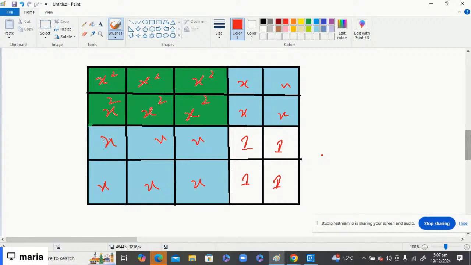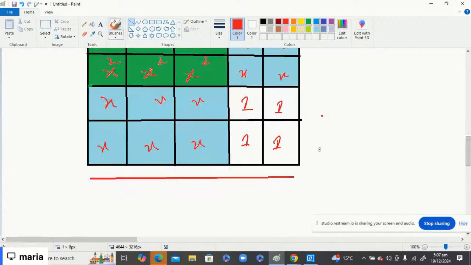First we check the base. How many x? 1, 2 and 3. This is 3x, and how many ones? There are 2 ones.